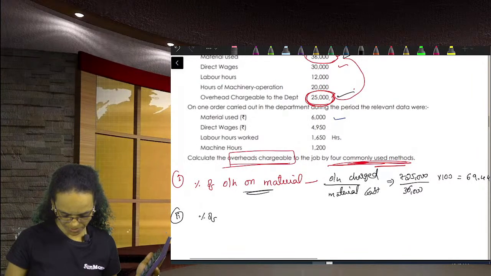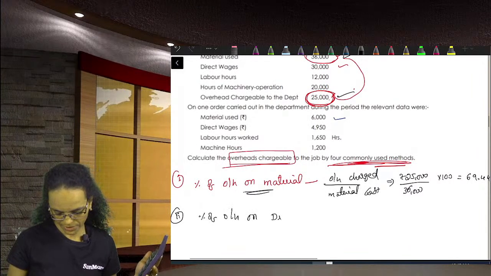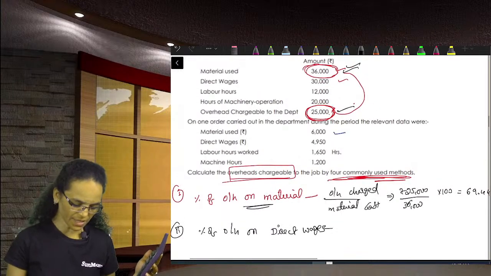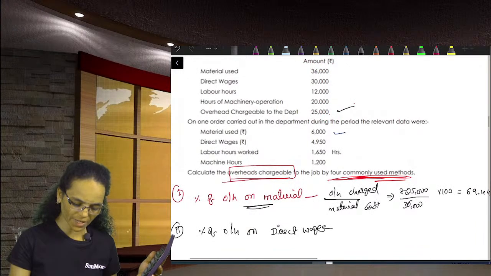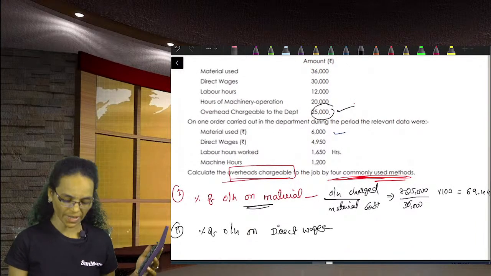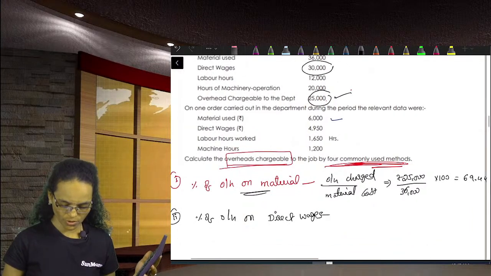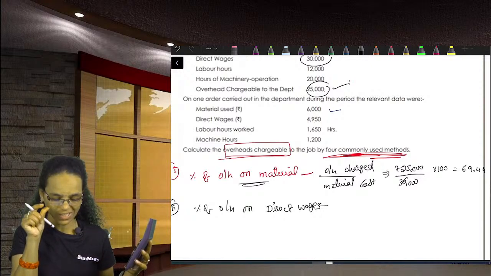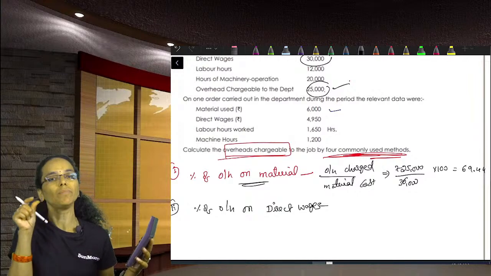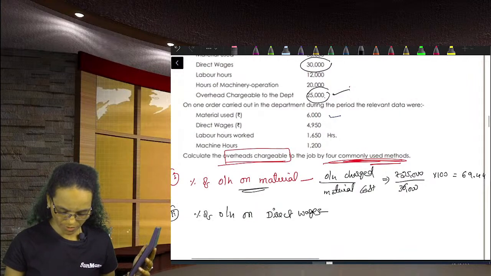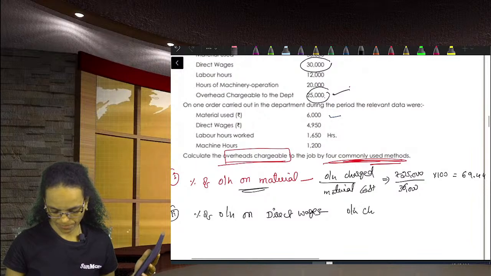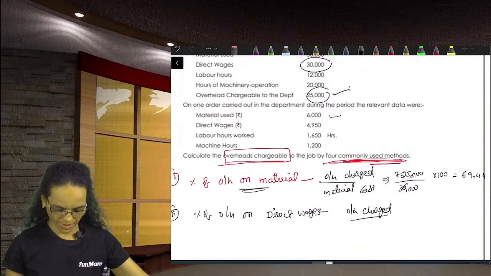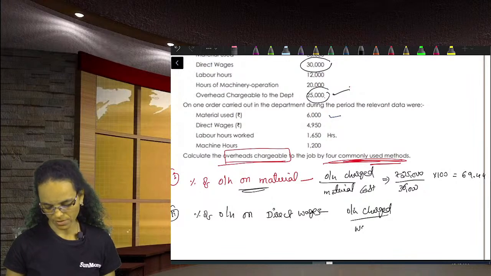on direct wages. See, we incurred overhead expenditure of 25,000 when the labor charge was 30,000. So what is the percentage of direct labor that will be overhead? We will see now. Overhead charged divided by direct wages into 100.